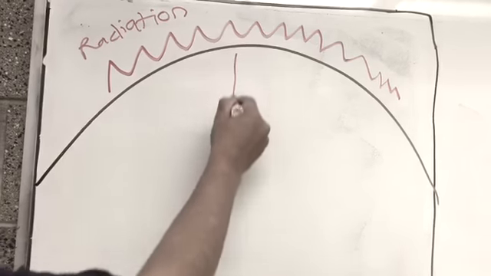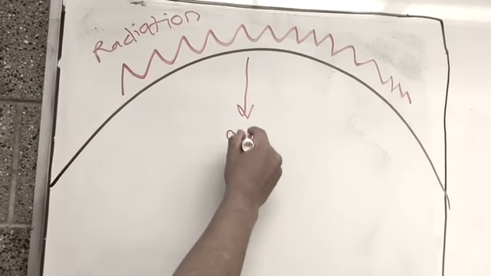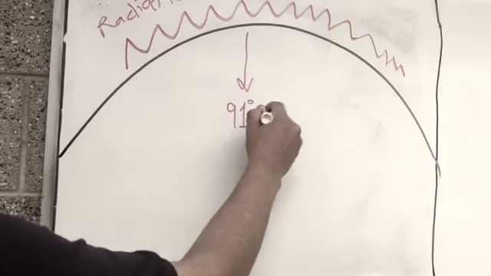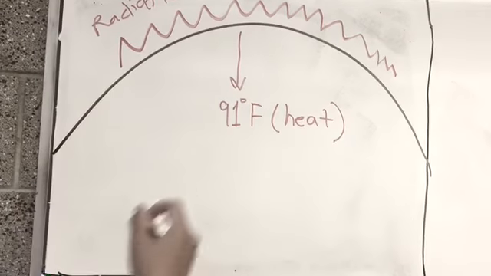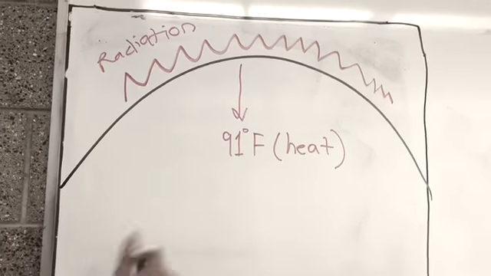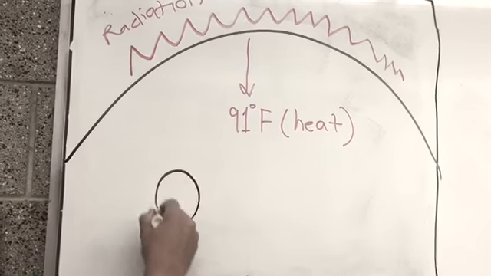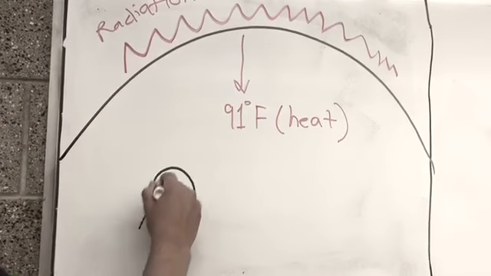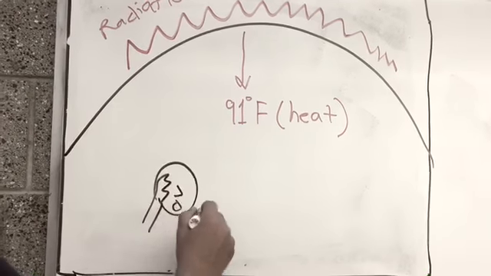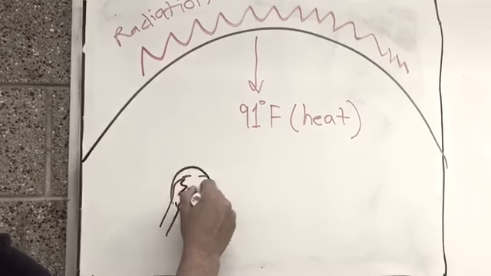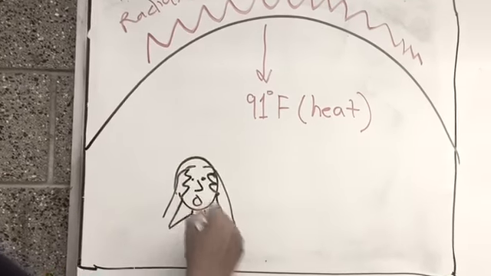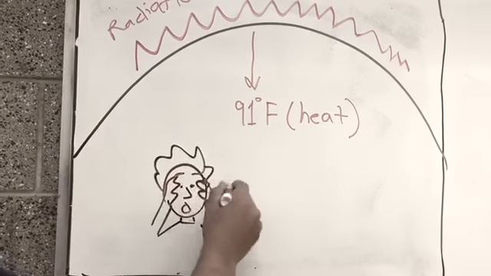That's the radiation getting down on the Earth, which is, for example, 91 degrees Fahrenheit, which is very hot, considered a summer-like day. And many people are dissatisfied with all this heat, saying, oh no, it's very hot. And that is true, because of global warming.